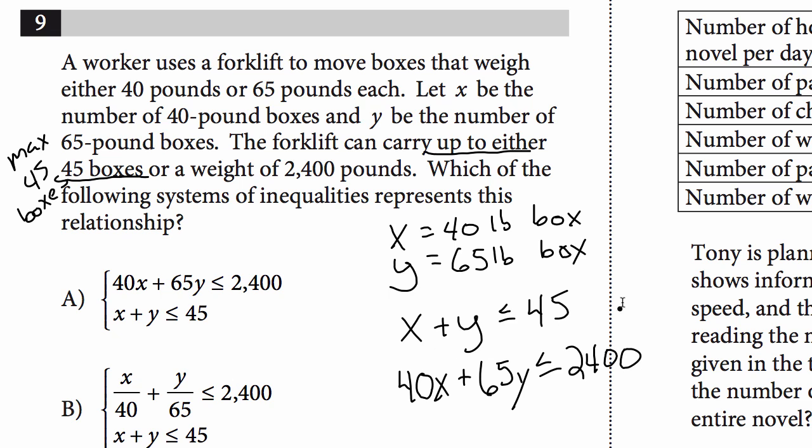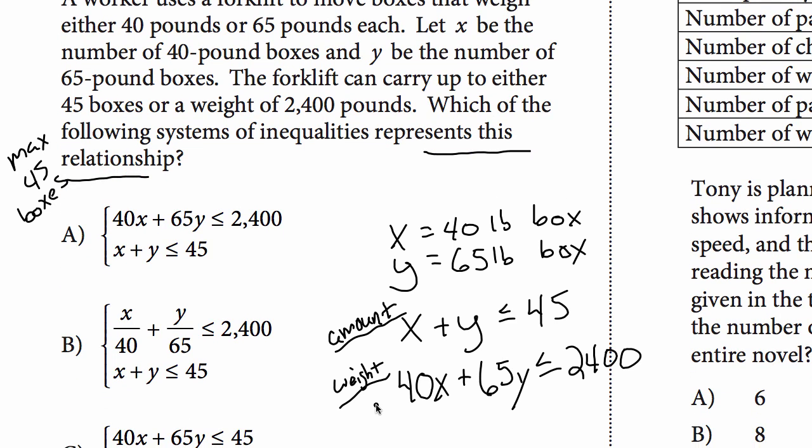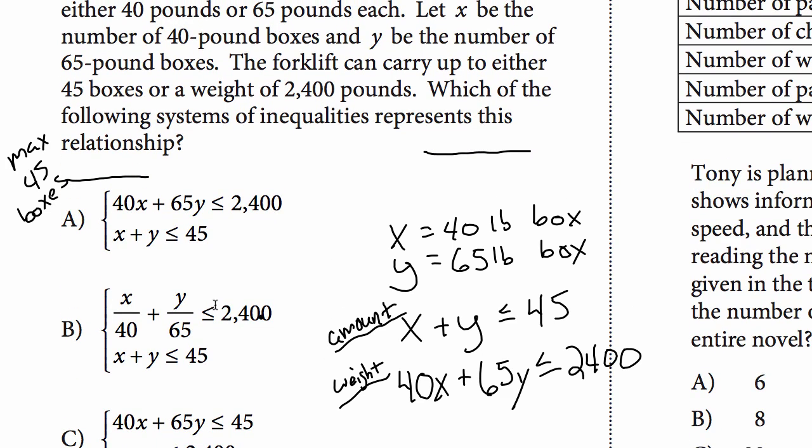So basically, this is your amount equation right here. This is your amount of things, and this is like your weight equation. So those are the two equations that they're kind of looking for in this problem. So let me just go through and figure out where are we going here. X plus Y.